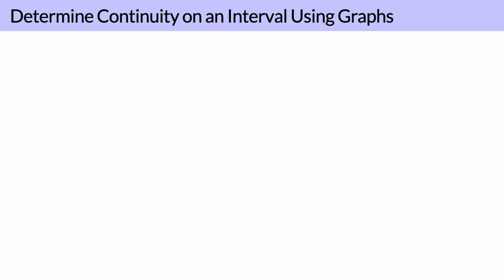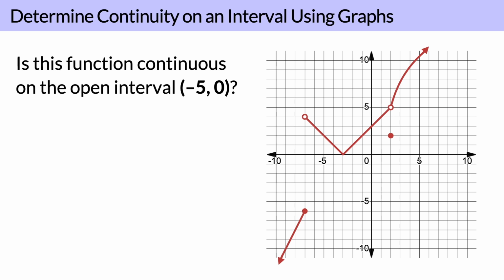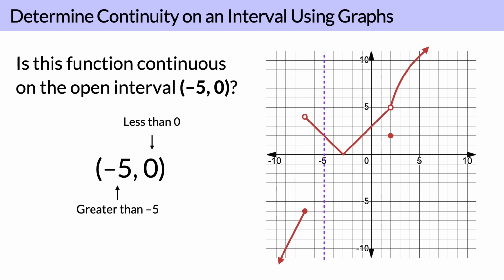Let's try another example. Is this function continuous on the open interval from -5 to 0? For this function, we are interested in the part of the graph from where x is greater than but not equal to -5 to where x is less than but not equal to 0. That's the region between these two dotted lines.